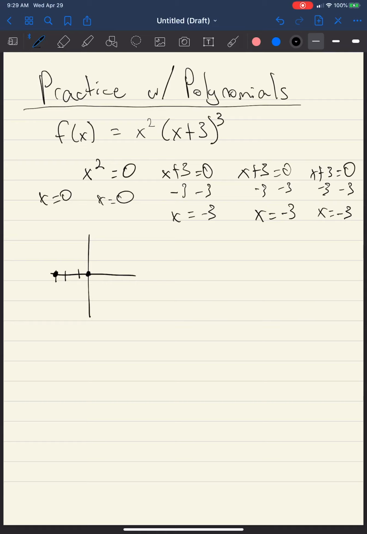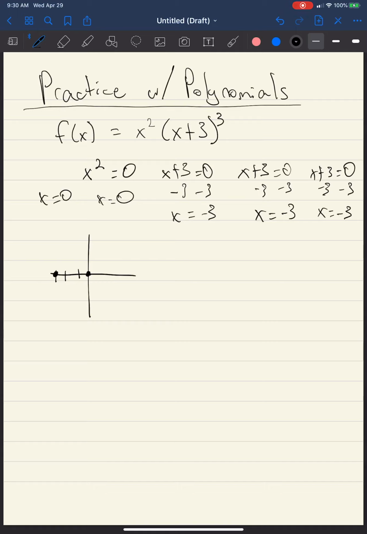Let's start off with our end behavior real quick. Actually, in order to find end behavior, we have to find our degree. The way we can do that is by our exponents.